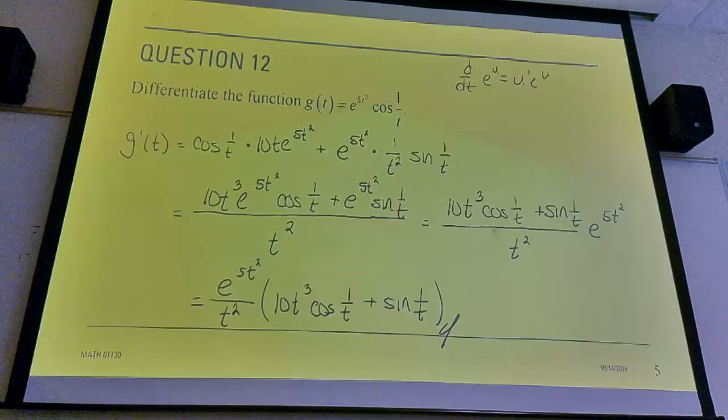So I'll just keep it like that. We good? No questions? Exponential derivatives are probably the easiest derivatives that you're able to do.